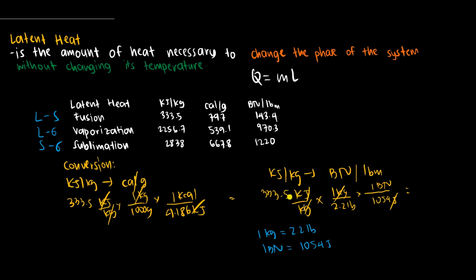Kaya ngano gani, si joules lang ang na-cancel. So careful gid mo sa mga inana na mga conversion. Okay, so okay na ta sa mga values for L sa mga latent heat. So 333.5, 2256.7, 838. Kilojoules per kilogram. Kani, convert na lang sila tanan. Okay, so that is latent heat.